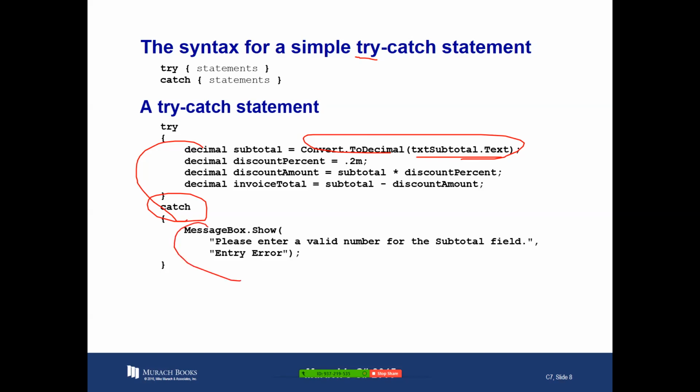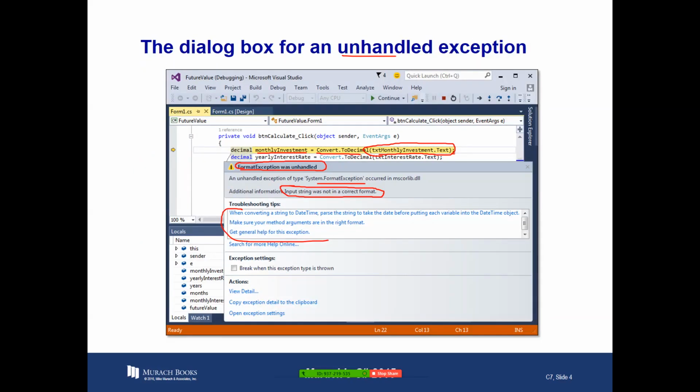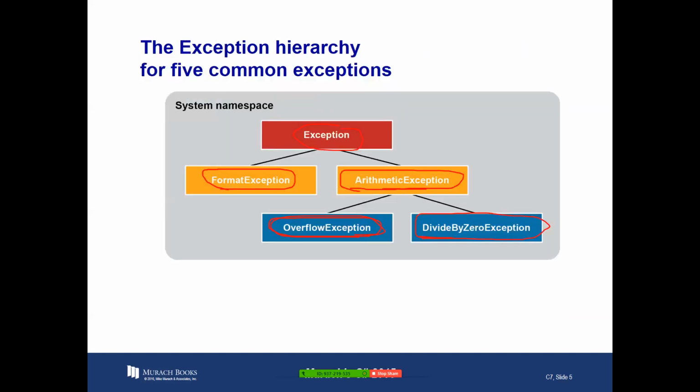So it's like a trap. It actually catches an error just before it would have occurred. And if it were allowed to continue and execute, you'd bomb, and you'd see this thing appear.